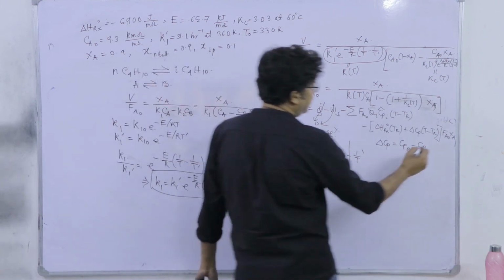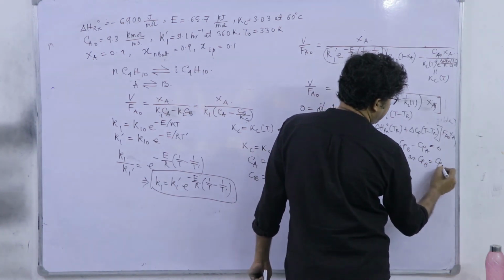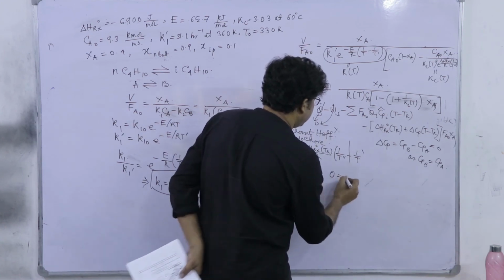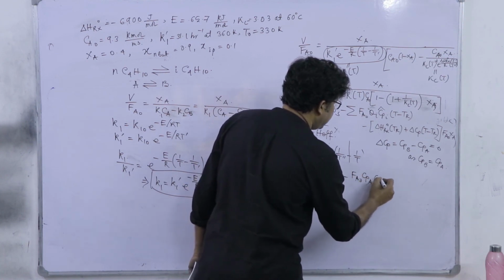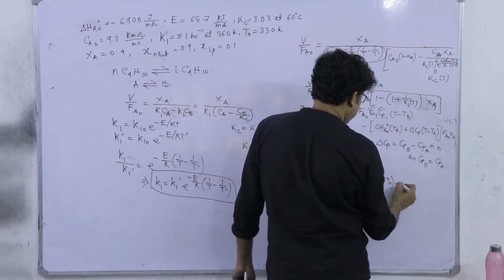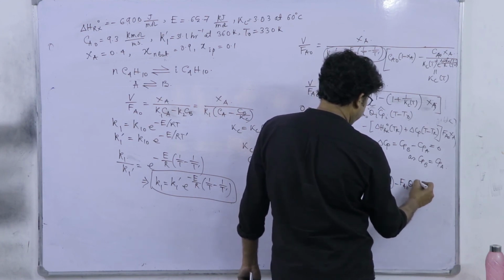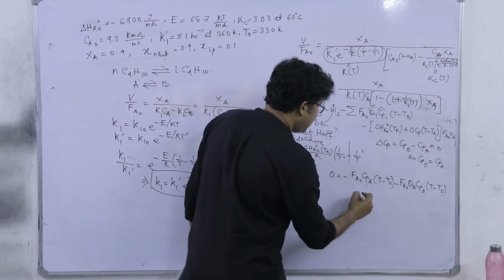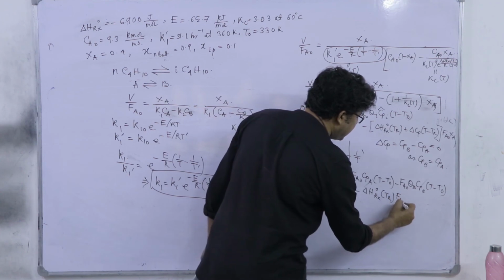So, this reduces to 0 as Cpb and Cpa are the same. So now it is 0 equal to minus Fa naught Cpa into T minus T naught, minus Fa naught theta b Cpb T minus T naught, minus delta H Rx naught at Tr into Fa naught into Xa.